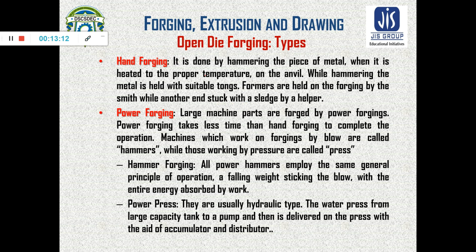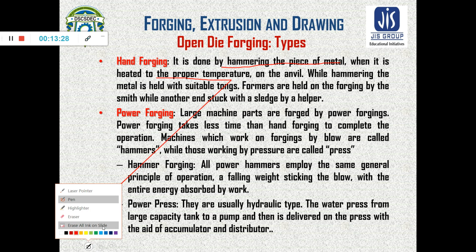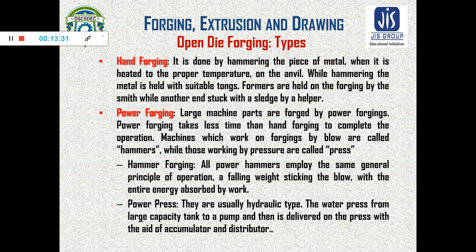In case of hand forging, the forging is done by hammering the piece of metal when it is heated to a proper temperature. That means when it is heated to a red hot condition, at that time we place that red hot material on the anvil, and we hammer the material so that the material can have the desired shape.